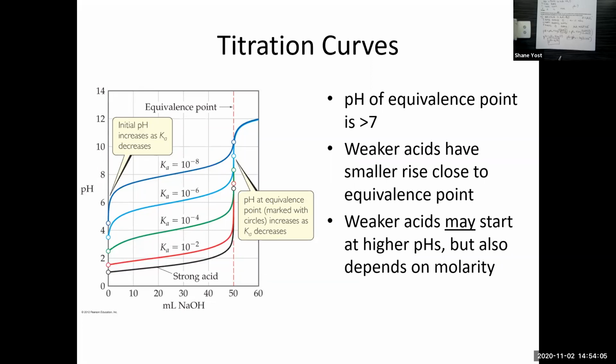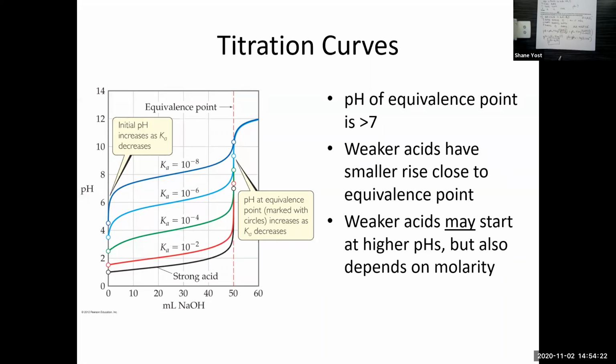So questions about these pH curves here. Again, the different curves here are different acidic strengths. Everything's being titrated with a strong base. We're mainly comparing what the pHs look like initially and at equivalence point.